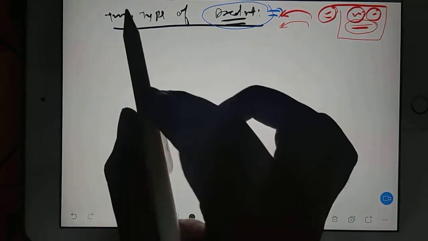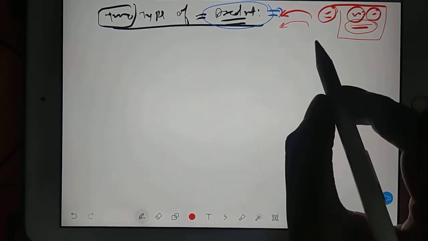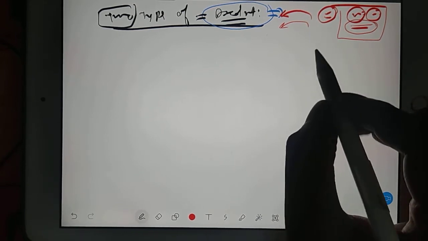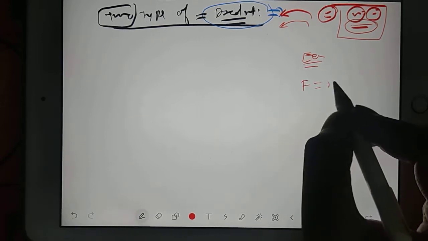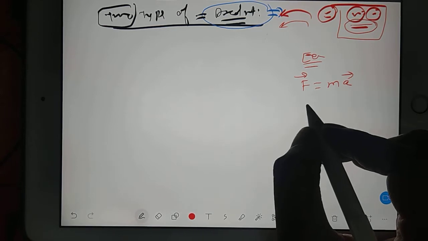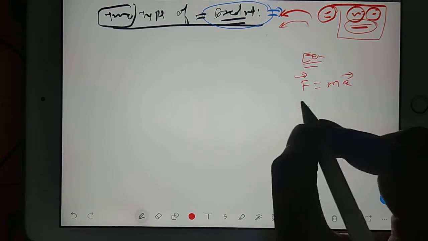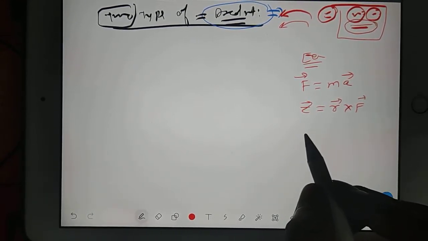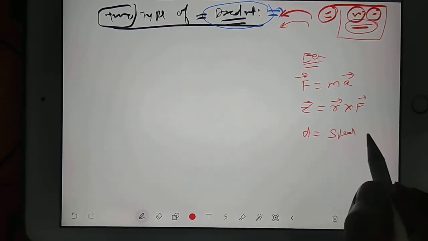Why do we have only 2 types of products? Because whenever we have any physical equation in physics, suppose F is equal to ma is one equation. You can consider another equation like tau is equal to r cross F. Or suppose you consider distance is equal to speed into time.